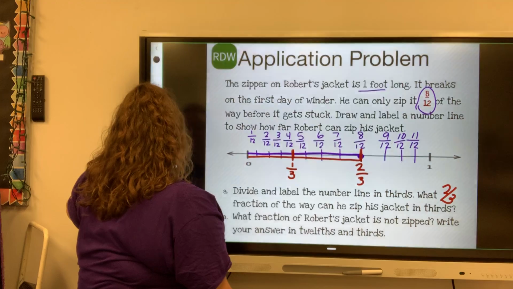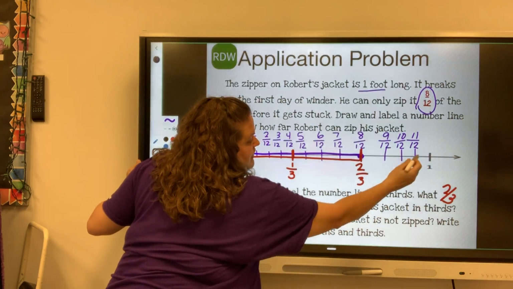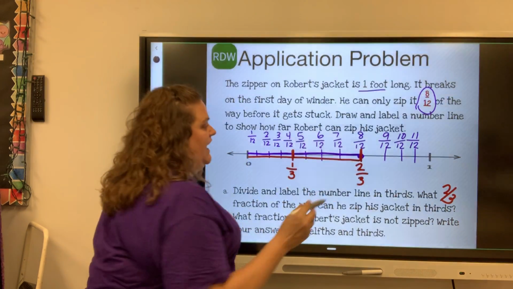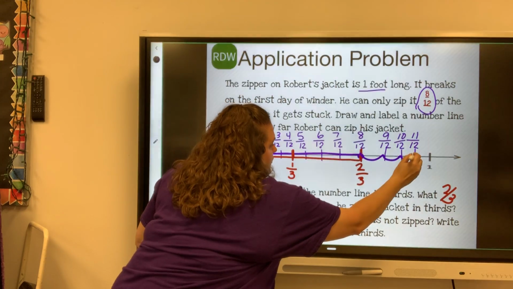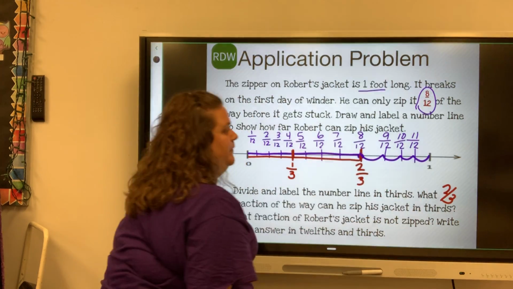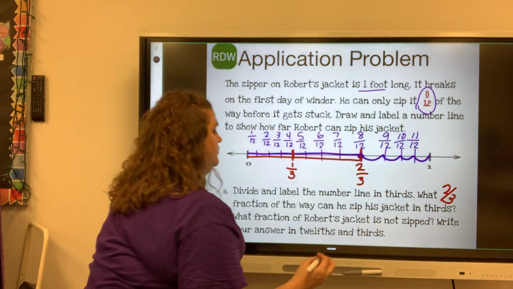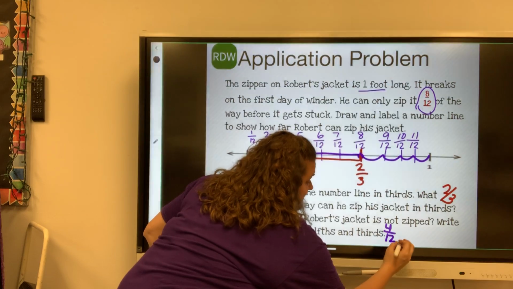So I'm going to go back to purple so that you can look at this in purple. Now I could say up here, oh, he's 11/3 of it's not zipped, but that's not true. I have to jump from 1, 2, 3, 4, which makes sense because 8 plus 4 would be 12, and that'd be totally zipped. So 4/12 is not zipped.